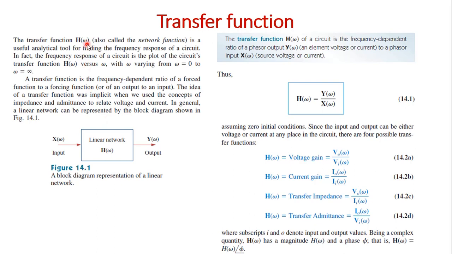Now, what is a transfer function? It is also called the network function. This transfer function is a tool for analyzing the frequency response of a circuit. Normally in frequency response, the plot will contain H of omega versus omega. That is, your x-axis is frequency and y-axis is the transfer function or system function.